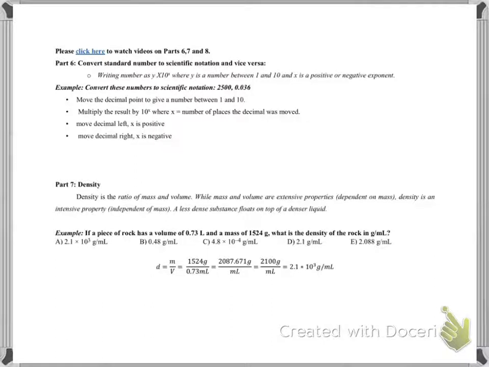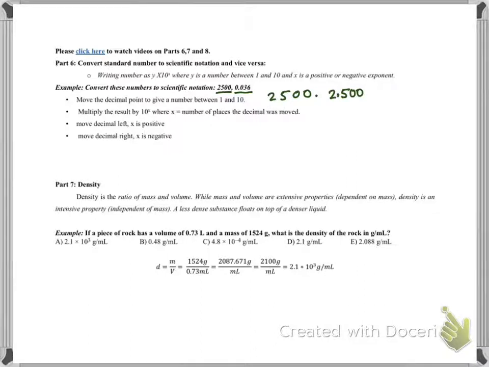So let's say you have 2500 and 0.036, and you have to convert them into scientific notation. The first rule is that you have to move the decimal point to give a number between 1 and 10. So in 2500, if you cannot see the decimal, that means it is at the end. And where do we want it? We want it here.